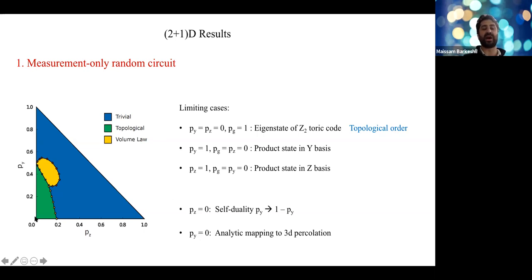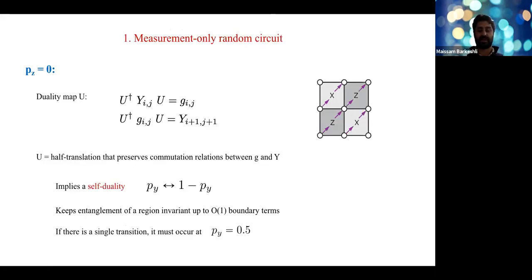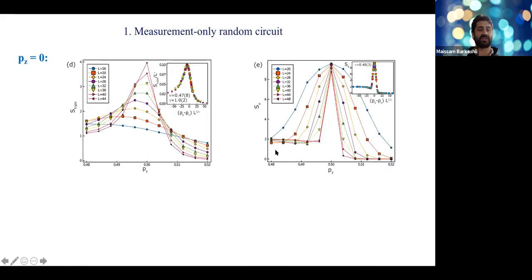And then the py = 0, it turns out that here there's an analytic mapping to 3D percolation. So this critical point here on the pz axis maps analytically to a 3D percolation problem. So because I'm running out of time, I won't explain this duality, but this is the self-duality that I was mentioning.